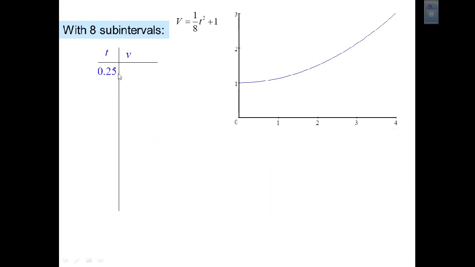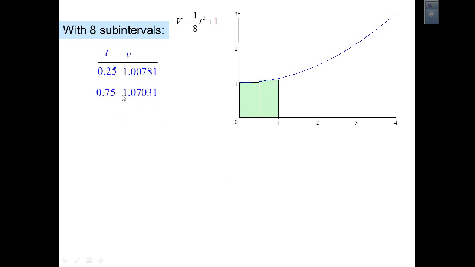So 0.25, if I plug that in there, you're going to get 1.00781. That is the height of the rectangle for the first one there. And that's all we're doing. Just stick with the height for right now. If you're catching the fact that that is not the area, that's great. We're going to talk about why in just a second, and I'll point it out. So all we're doing is we're finding the heights. We're finding the y values here.